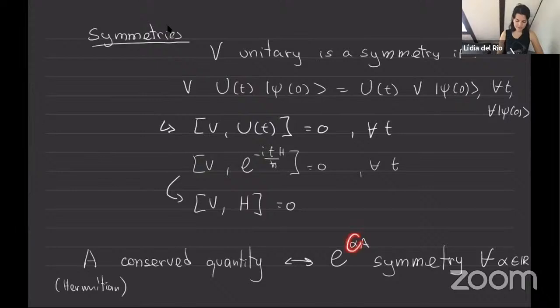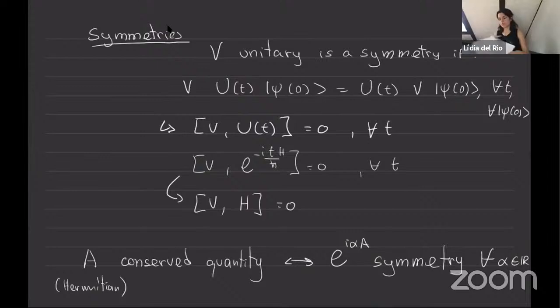So if you only had here one specific alpha and not the for all, then this direction would not necessarily be true. Okay, one example would be, well, if alpha is 0, then this thing is always a symmetry, because then this thing is just the identity, right? But it doesn't mean that any matrix I put here is a conserved quantity. But if it's true for all alpha, then A must be a conserved quantity.